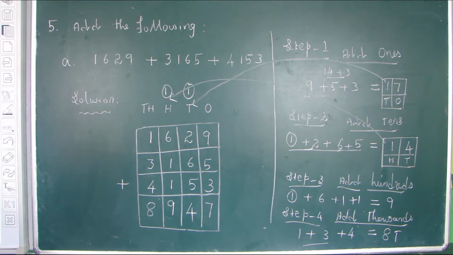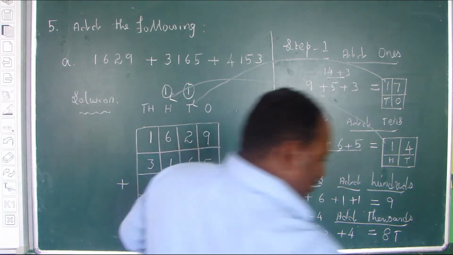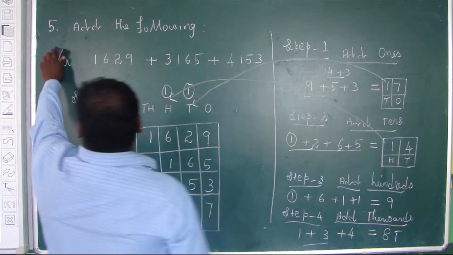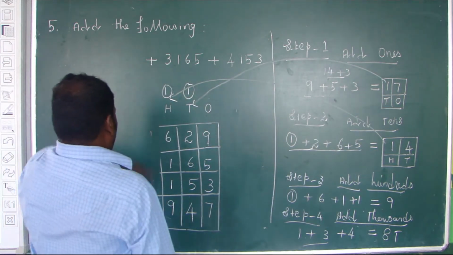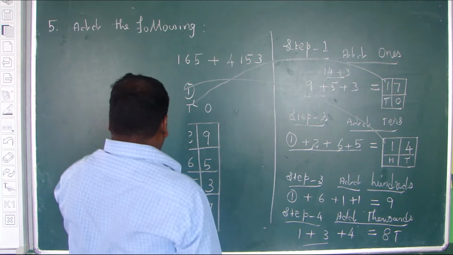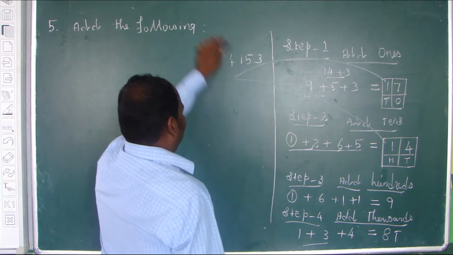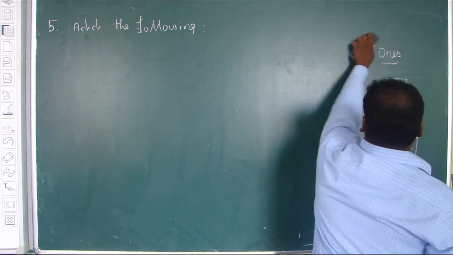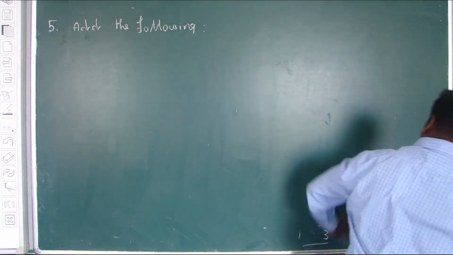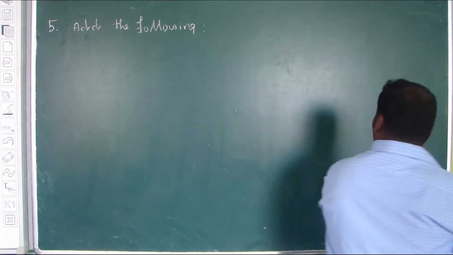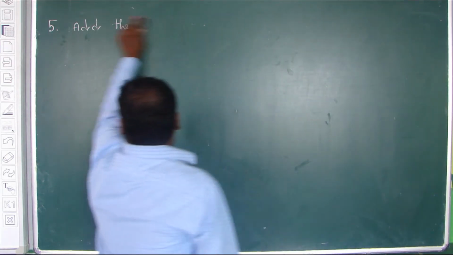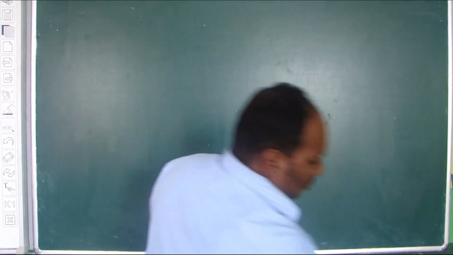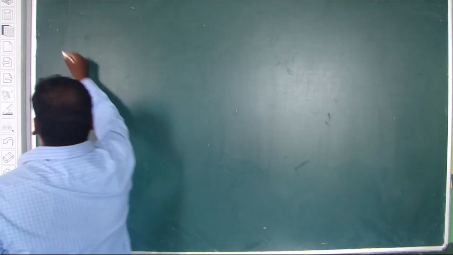The next one, B part. Add the following 4-digit numbers.